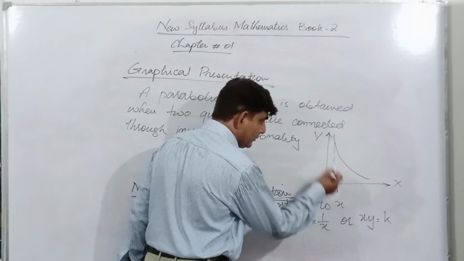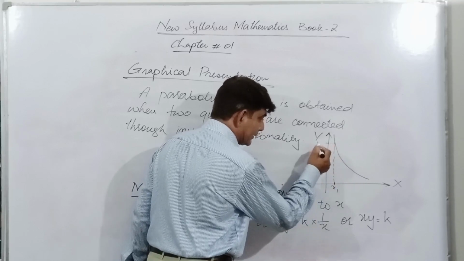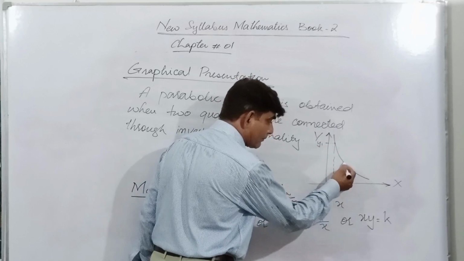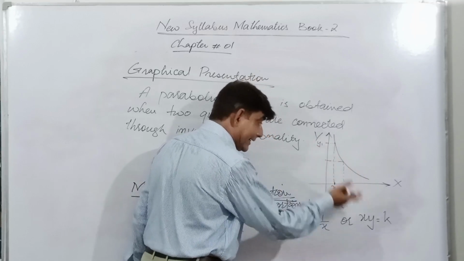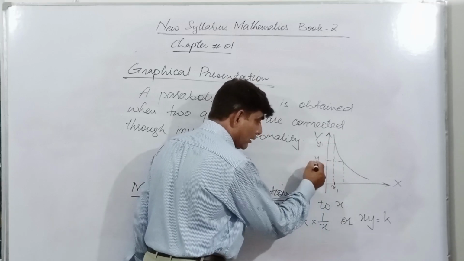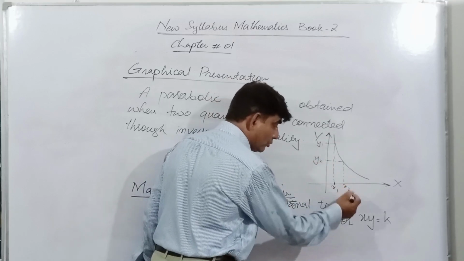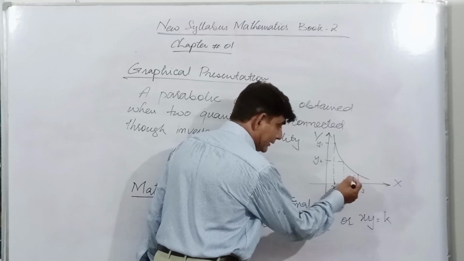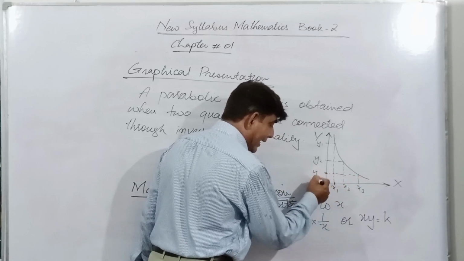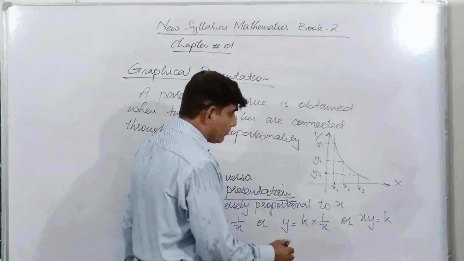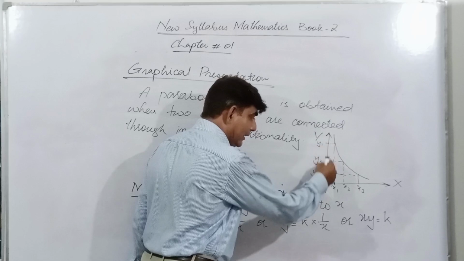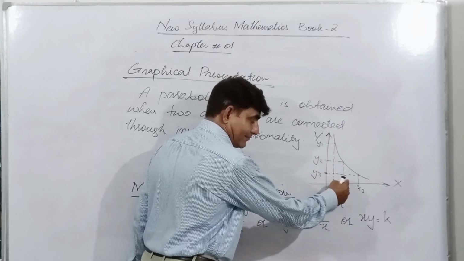Now listen, if I consider over here, this is x1, this is y1. On increasing the value of x, there is a decrease in the value of y. This is y2, this one x2. Further increase the value of x, there is a decrease in the value of y. So if we decrease the value of y, x increases.